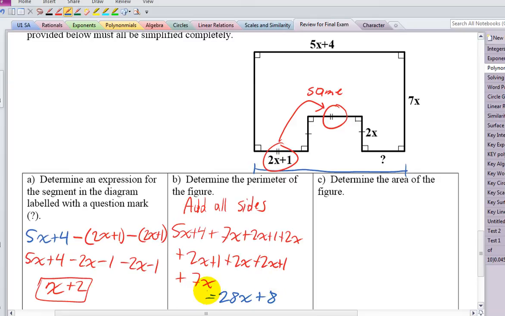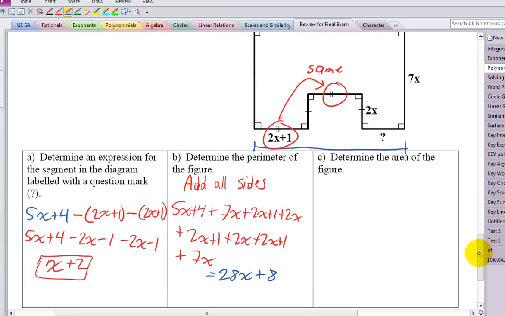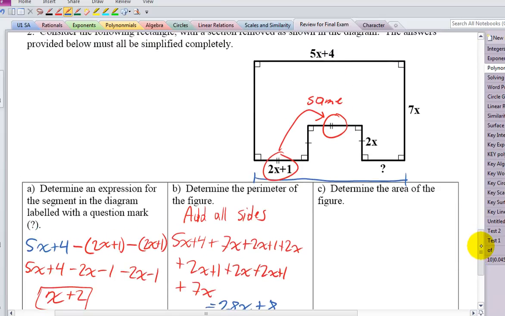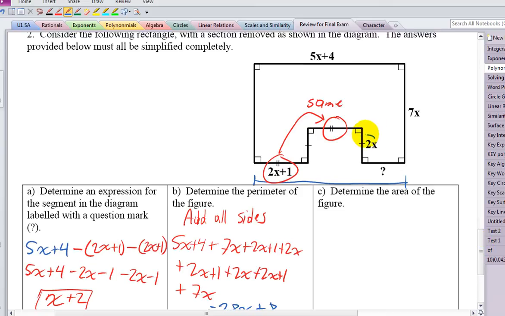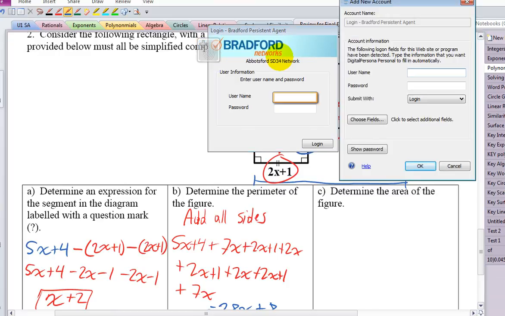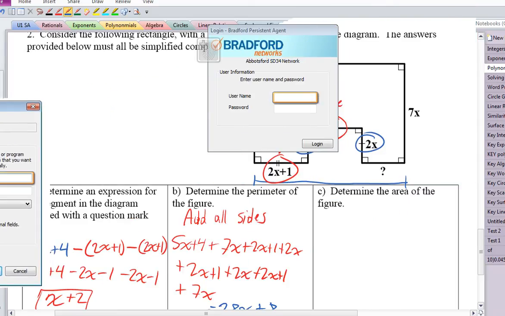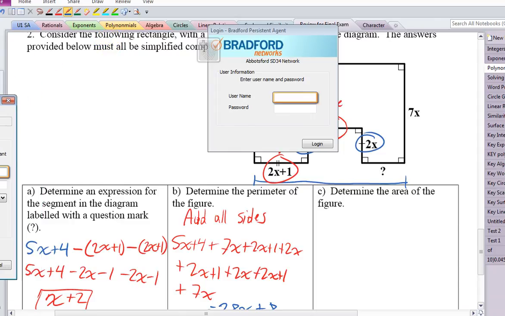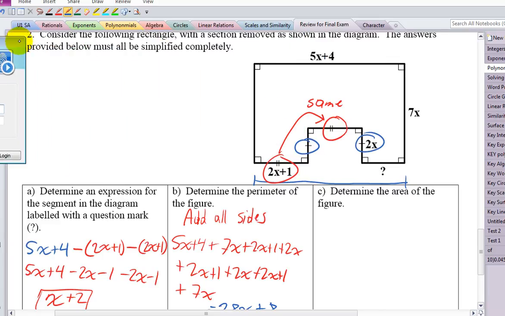Hands up, you got that? No? What did I screw up on? Did you include the 2x and the 2x? I'd say no. Yeah, you got to include those as well for perimeter. Okay.